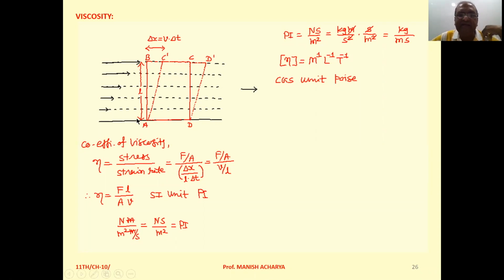It implies that the flow of the fluid will be like this: one layer will slide on another, and there is a relative velocity between these two, and due to that friction will be there which opposes the motion.